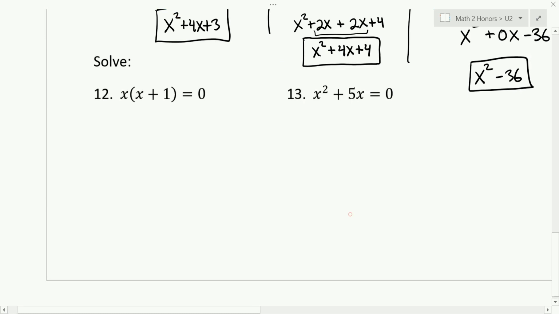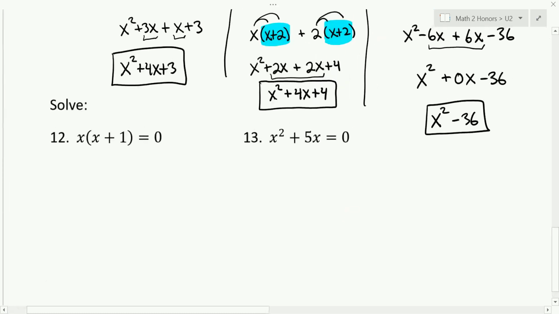The last part here, we're just going to briefly talk about solving, and we'll keep bringing this theme up. There's something called the zero product property, and it allows us to use factoring to help us solve difficult problems. It's a simple property.